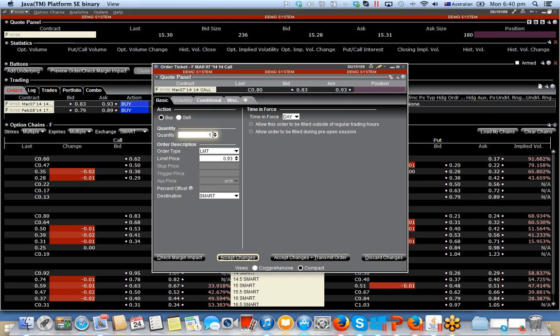And what we're going to do, click once, and then type there, say 10 contracts. And of course, that limit price is given within our current market price, 83 cents bid, 93 is offer. But we actually expect that the price should move as well, should move to the downside, because the underlying will move. However, volatility will increase.